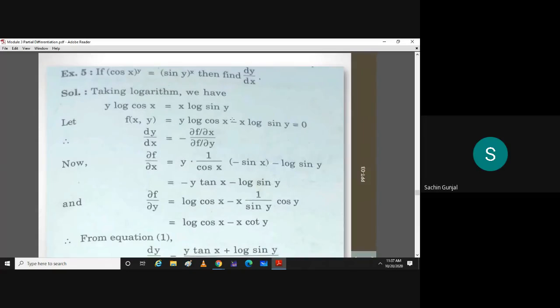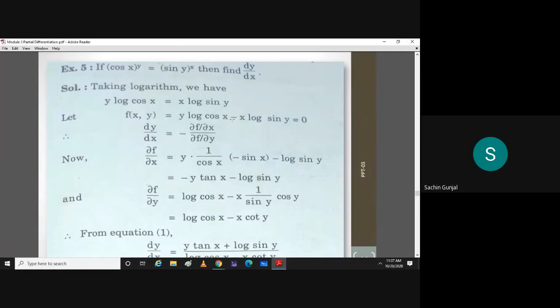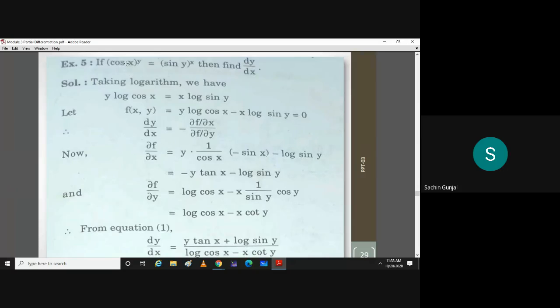So here is an example based on implicit function. The function is cos x raised to y equal to sin y raised to x. Then find dy by dx. We know dy by dx is equal to minus p by q, where p is del f by del x and q is del f by del y. So from this we need to find the function of xy.